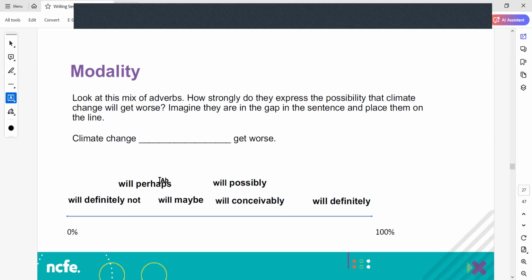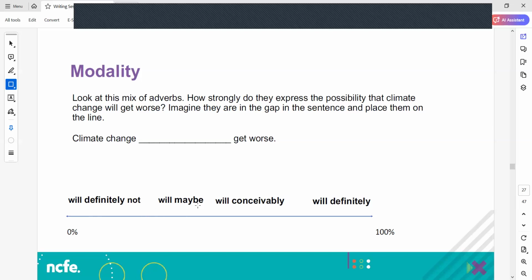So don't worry about that, because we could get rid of those two. If I just got rid of those two, then we'd still be able to understand the difference, wouldn't we? So definitely not, maybe, conceivably, definitely.